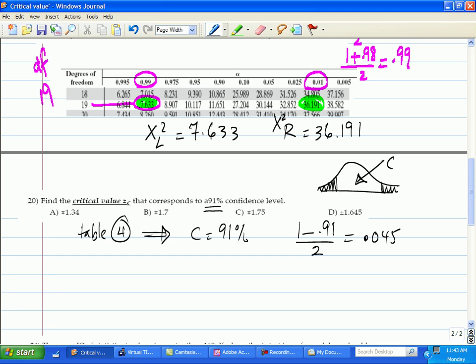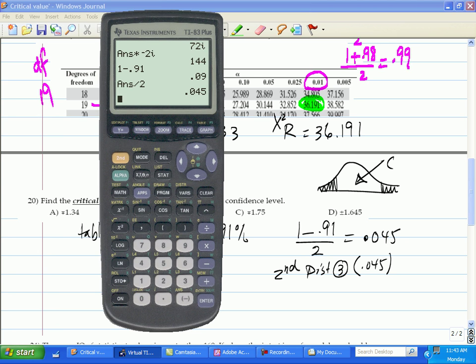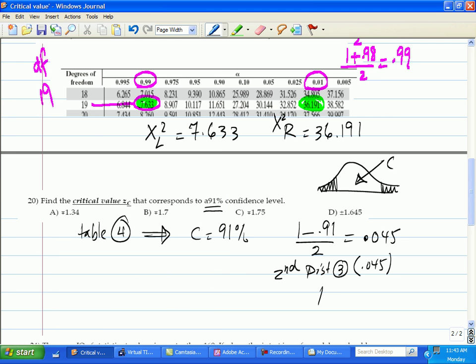To find that z value, on the calculator, second distribute number 3 of 0.045, and we should get the answer, negative 1.645.